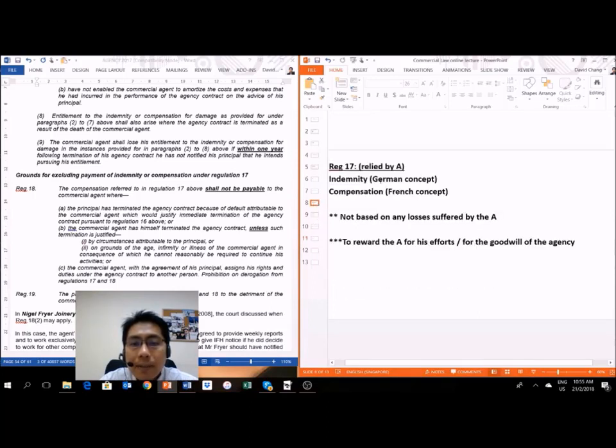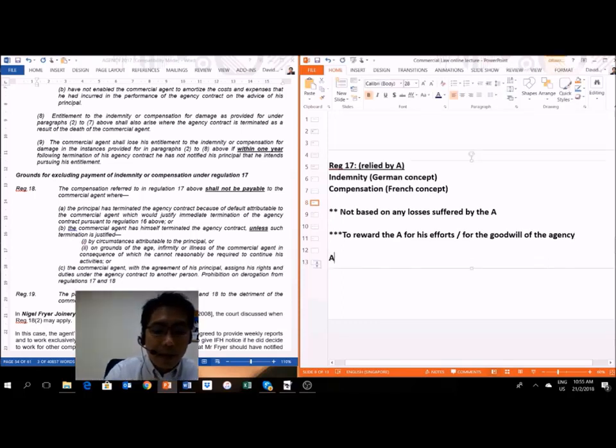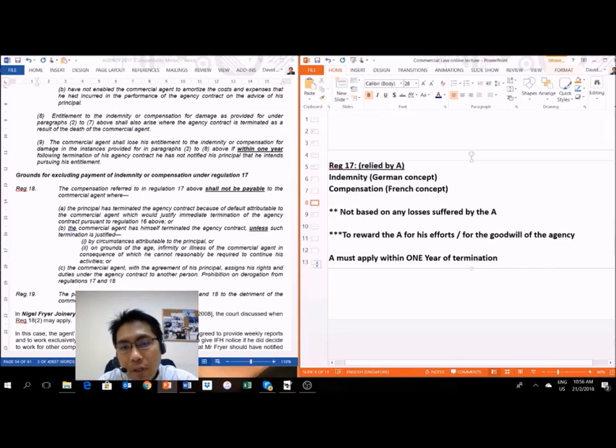When we talk about indemnity and compensation, the third point is this: A must apply within 1 year of the termination. So although this is a generous provision, there's a time frame to it, and you must do so within 1 year, giving notice to the principal in order for you to receive your entitlement under Regulation 17.